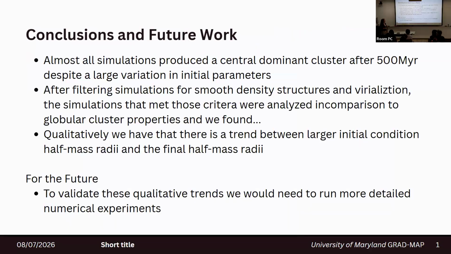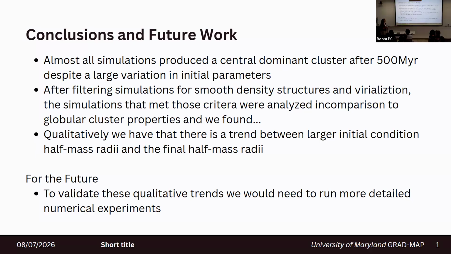So conclusions, like we said, almost all of the simulations produce centrally dominant clusters, and after filtering for energy and density, virialization and density, we found that those cases do exhibit the same properties as globular clusters.